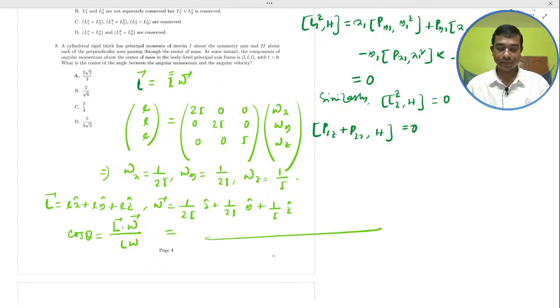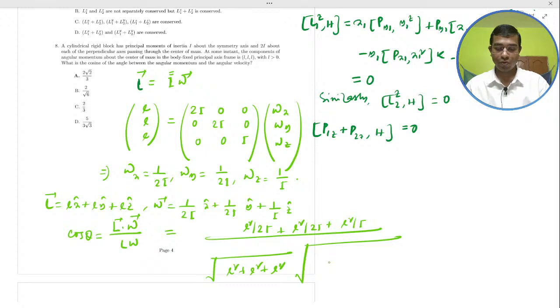Put this value. This will be L square by twice I plus L square by twice I plus L square by I, divided by square root of L square plus L square plus L square into square root of L square by 4I square plus L square by 4I square plus L square by I square.